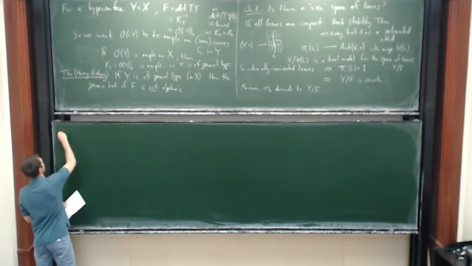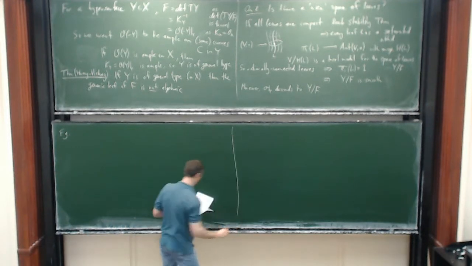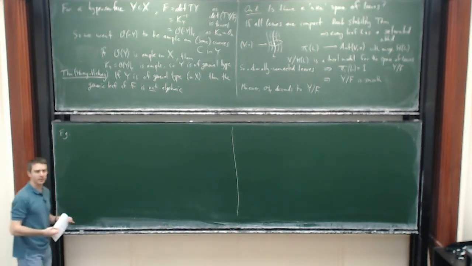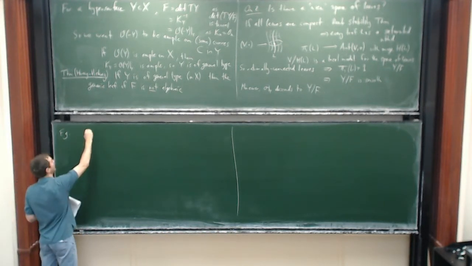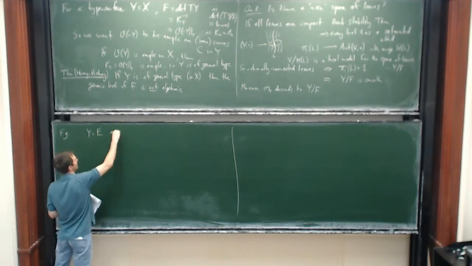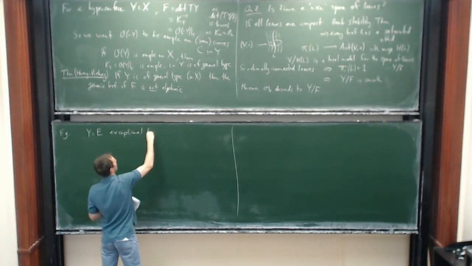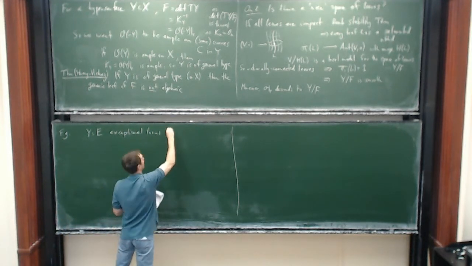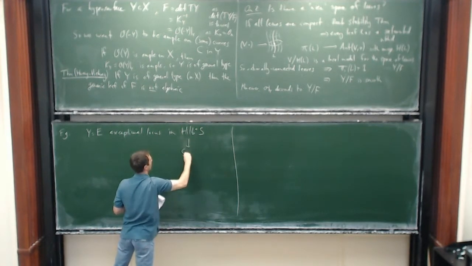Okay, so some examples then. All right, so probably the simplest example is to look at the case when Y equals the exceptional locus in the Hilbert scheme of 2 points on a K3.